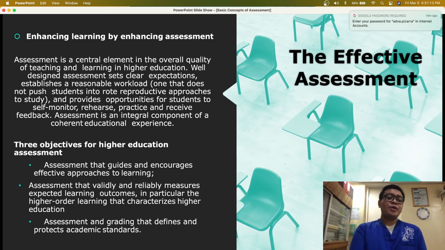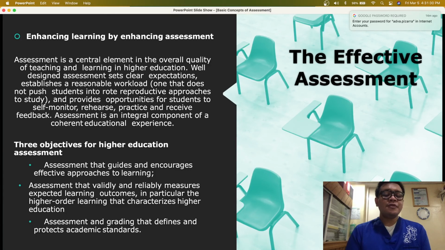Assessment is also an integral component of a coherent educational experience. So that's one way for us to make sure that students are enhanced by their learning, and at the same time, we also have to make sure that their assessment is also being enhanced. So these two would always come together.